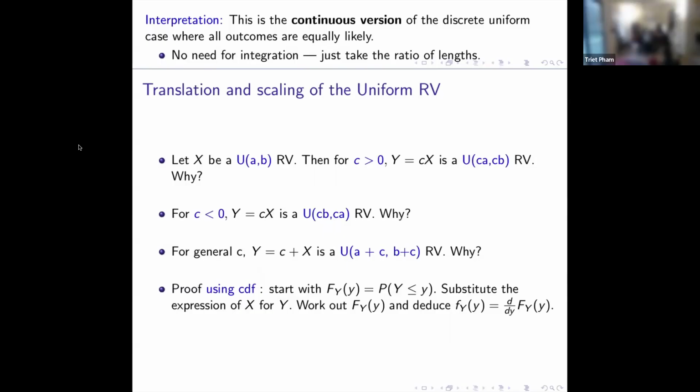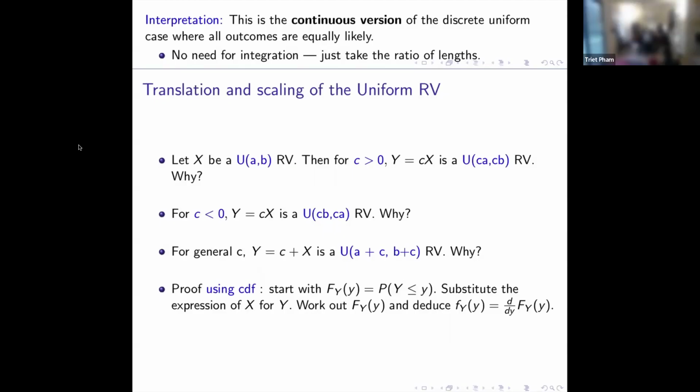The question is, when you do this, does a random variable stay in the same family? Meaning if you scale and translate, does it stay uniform? The answer doesn't surprise anyone: yes, it does. You scale and translate a uniform, you stay uniform.